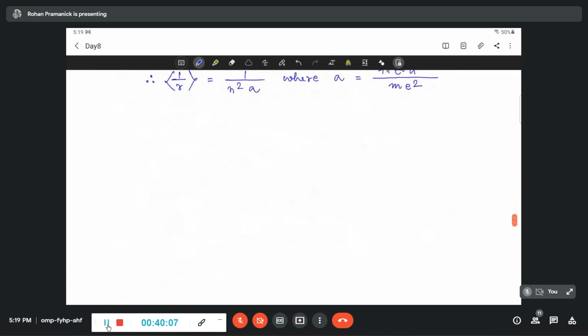But this trick you can use in any general case. Okay, so now we will find the expectation value of 1 by r squared.